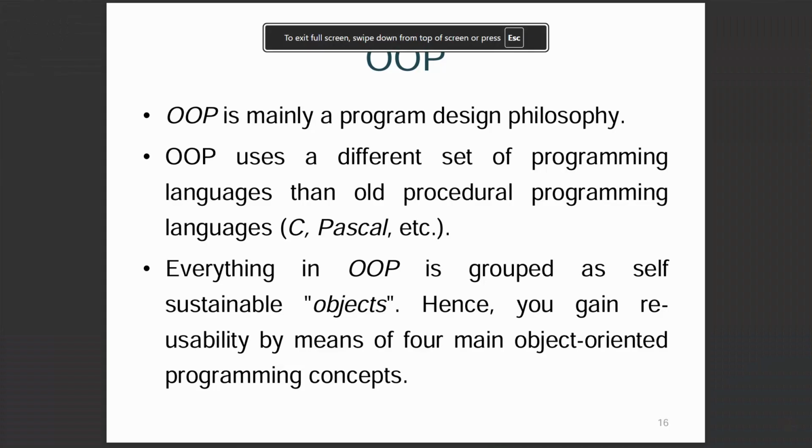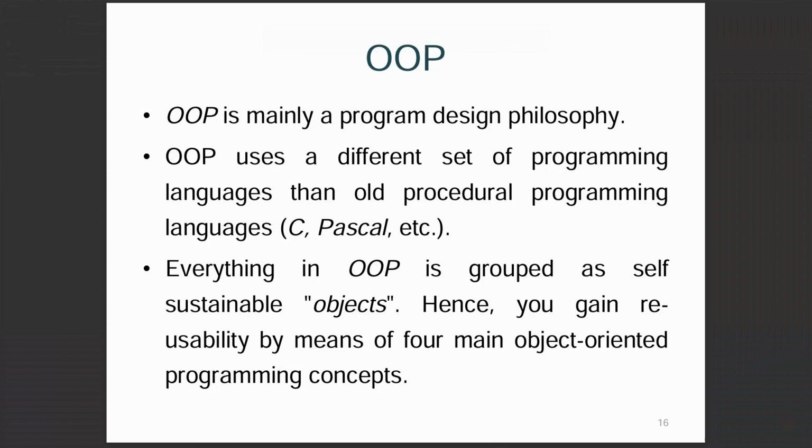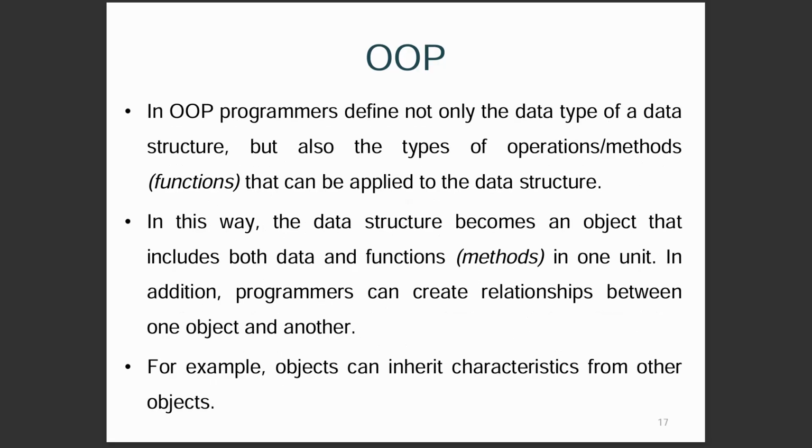Now, object oriented programming, mostly we use that to design or set up a programming language. It was an old procedural programming style, and it used things like C, Pascal, and so on. Most of the things in OOP are always grouped as a self-sustainable object and then handled in a separate state.